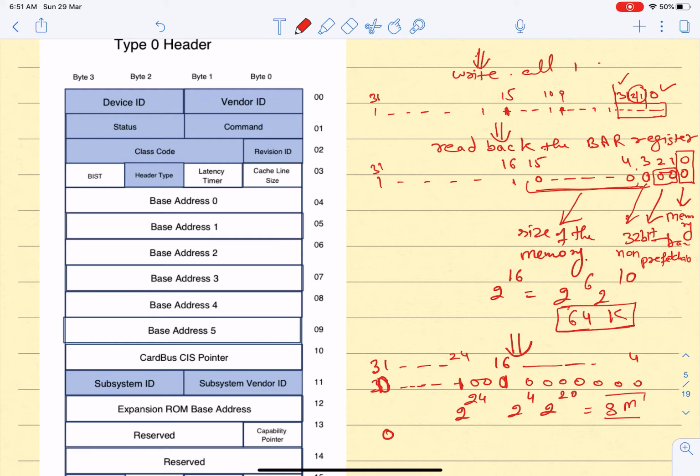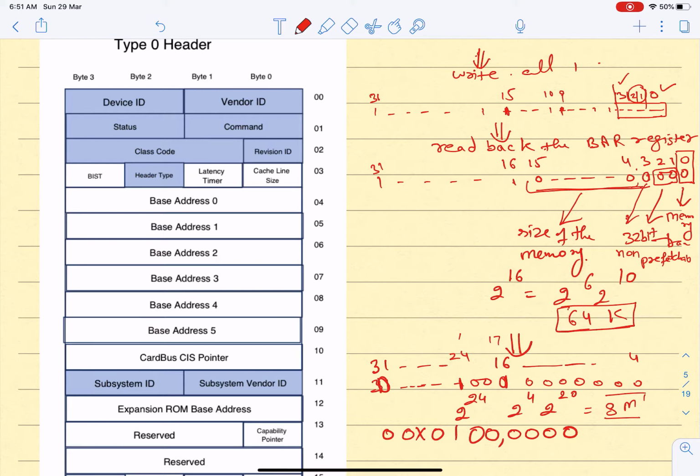I just want to write it in hex. All are zeros up to 16. I am just ignoring. Okay, all are zeros. So these are the first 4 bytes, and bits 16 to 19 are again 0. 20, 21, 22, 23 is again 0. 24 is 1 and all 0.